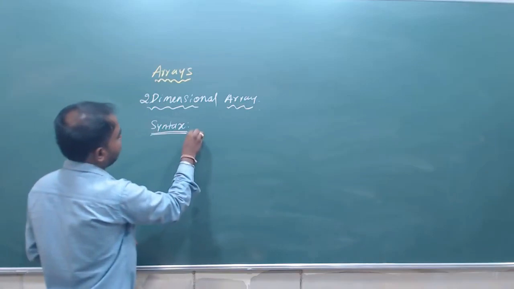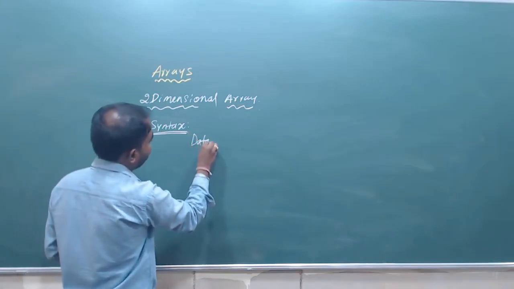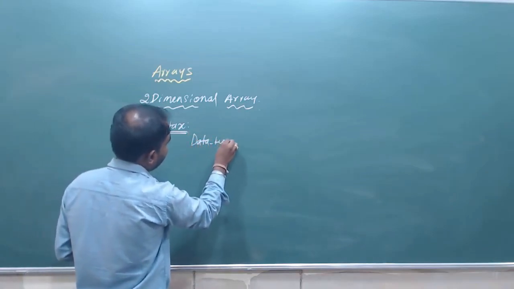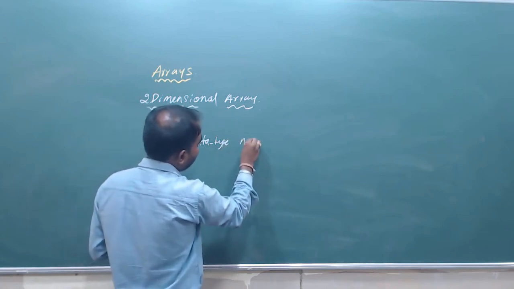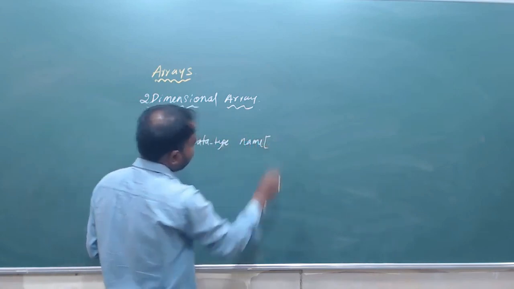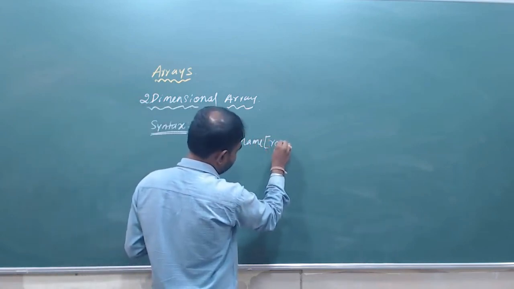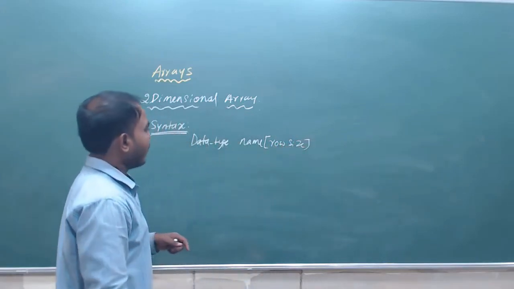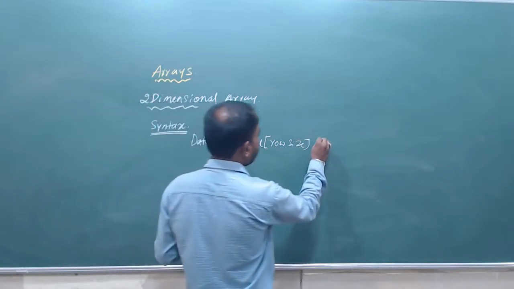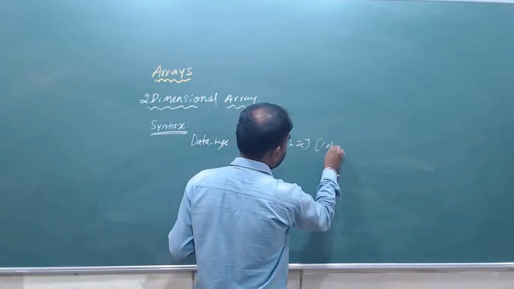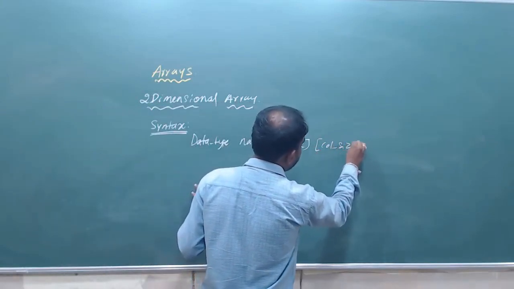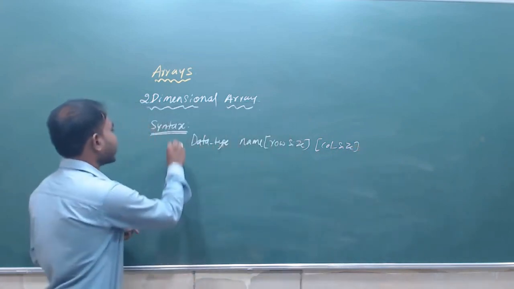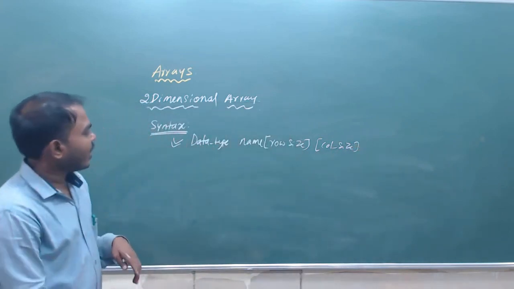So syntax first data type, right? Then the name of the array, then row size, because we are maintaining the data format in the form of a row size, column size. Okay, so this is the syntax of a two-dimensional array, right?